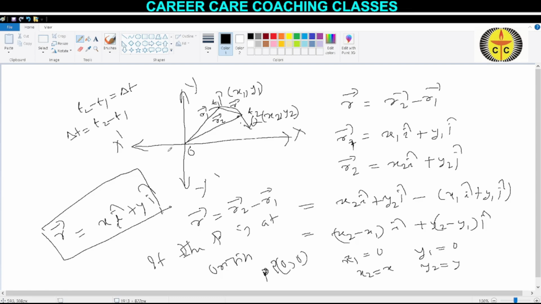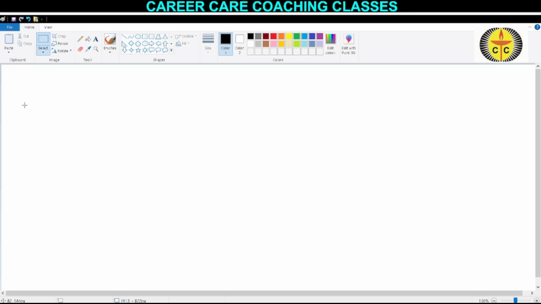Velocity on a plane, in two dimensions. Plane means two dimensions.